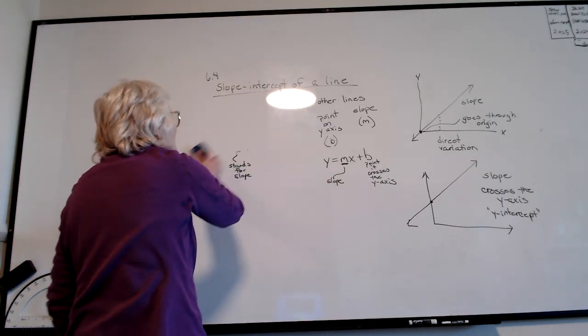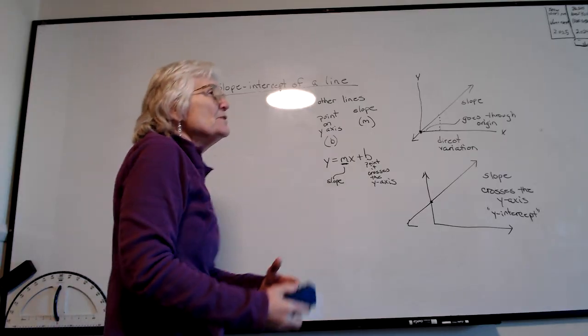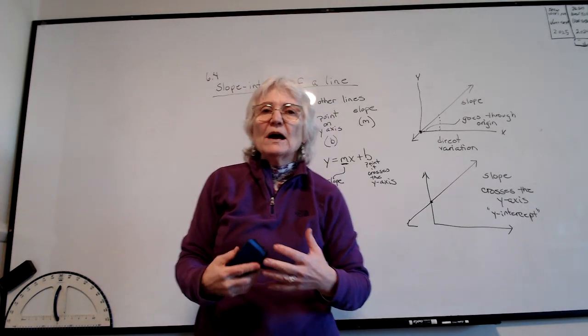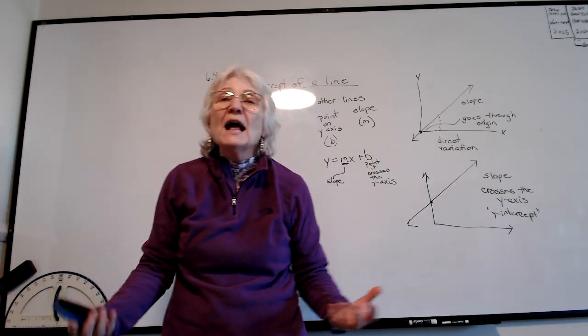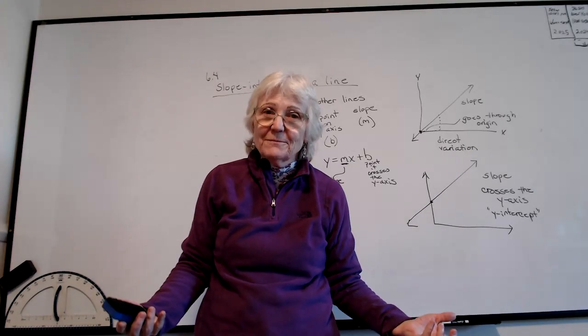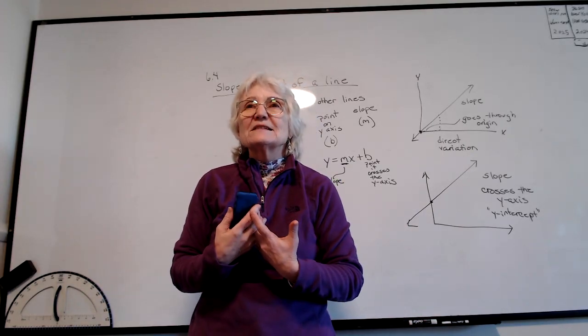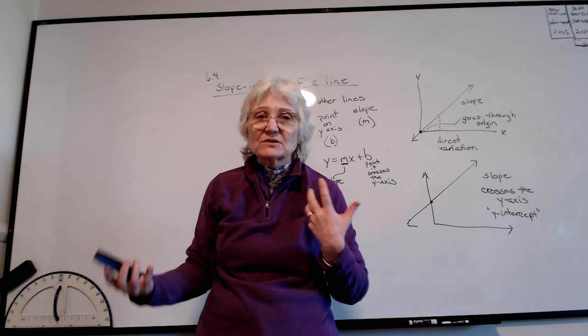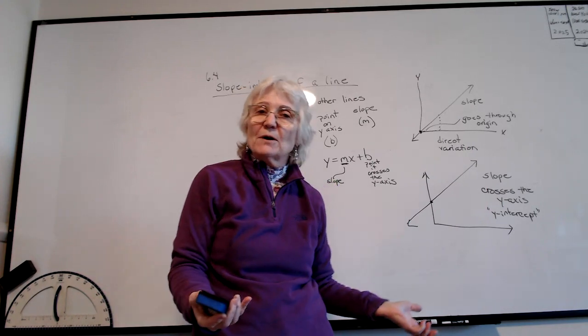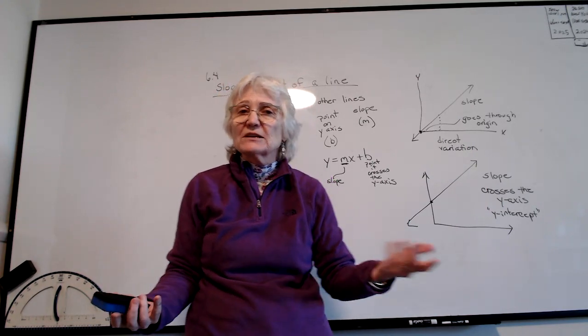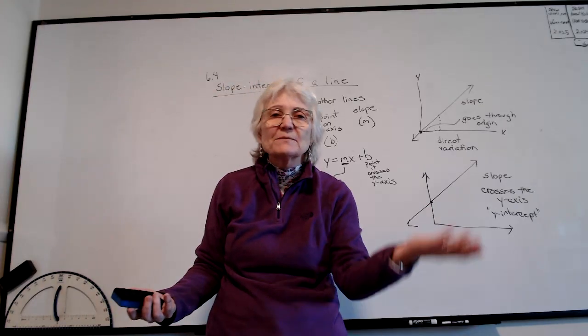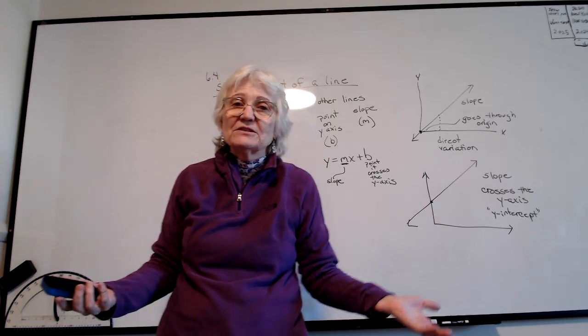And again, these are set up to show in picture form and in formula form what is a representation of some certain situation. It may be population growth and we're making predictions. It may be how much something costs and we're making predictions.